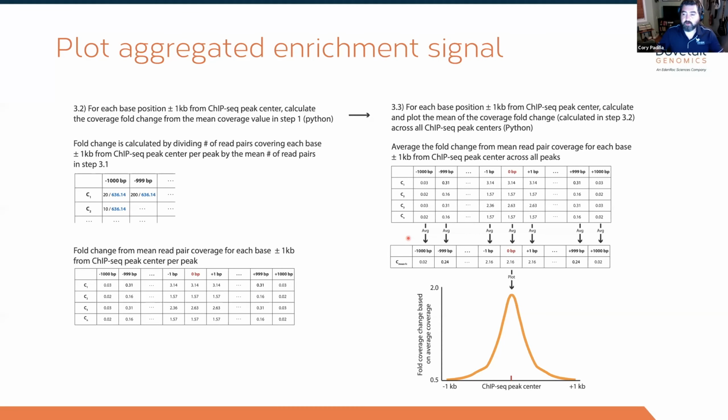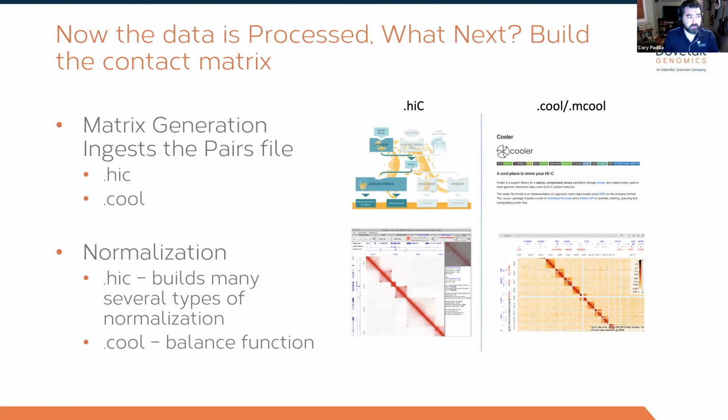So now that we know that our data are Hi-C-like and ChIP-seq-like, we can go into contact matrix generation. Before I jump into this in too much detail, I just want to say that there are a few ways to do this. The two main ones are with Juicer to build your .hic files, or with Cooltools to build your cools or mcools.